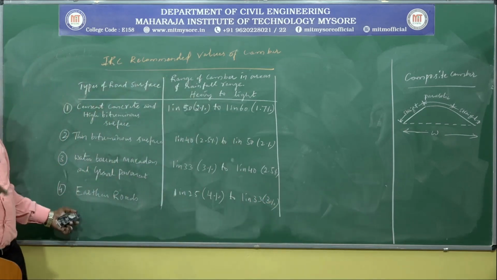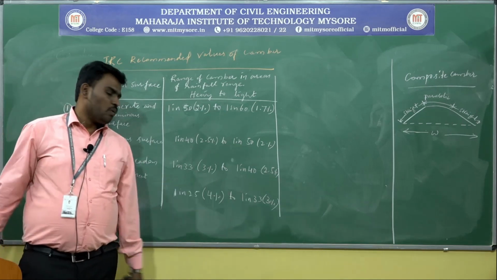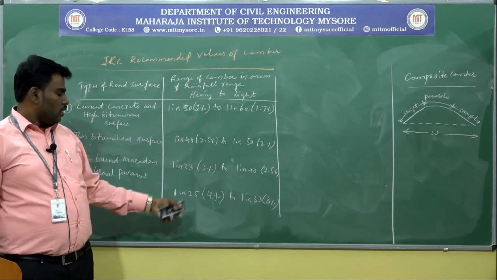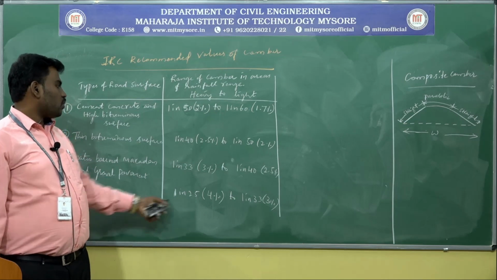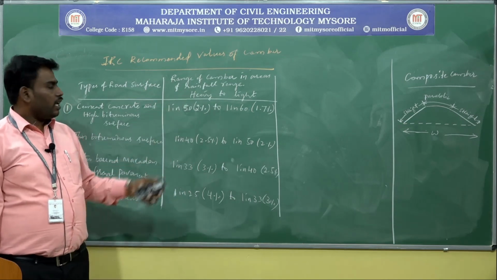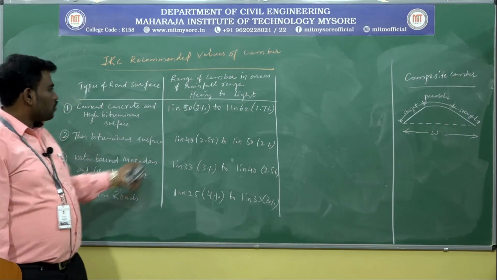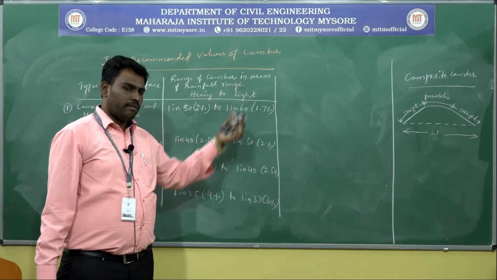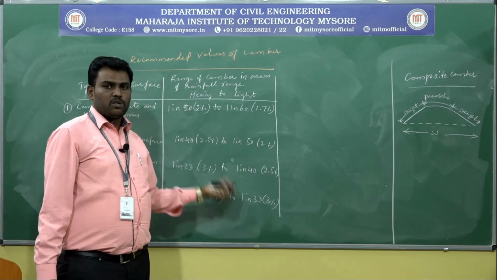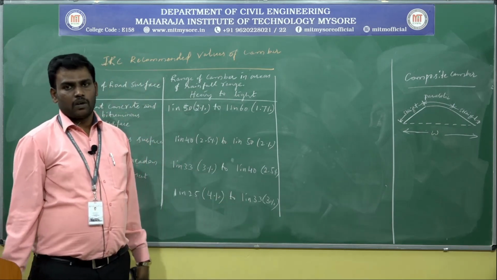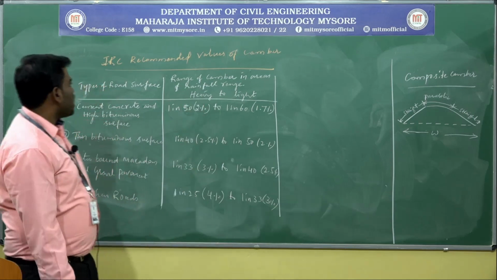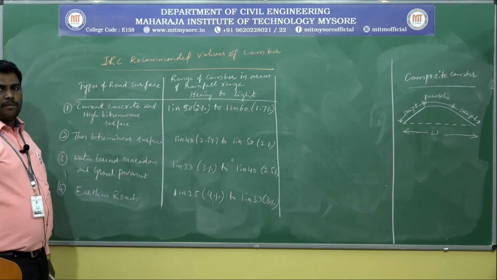That is heavy to light. If the earthen road is in a locality having heavy rain, then it is 1 in 25. For an earthen road in a locality having light rainfall, the amount of camber is 1 in 33. This is regarding the IRC recommended values of camber.